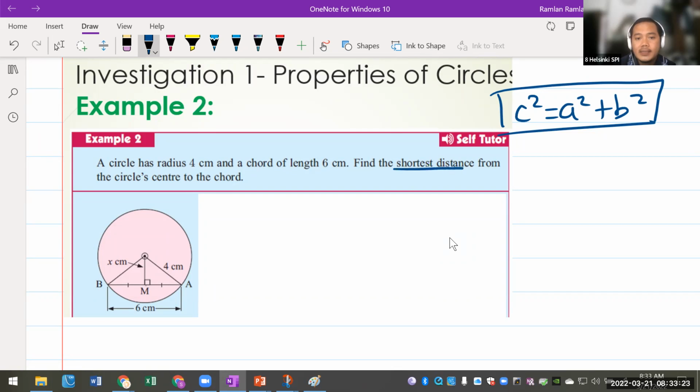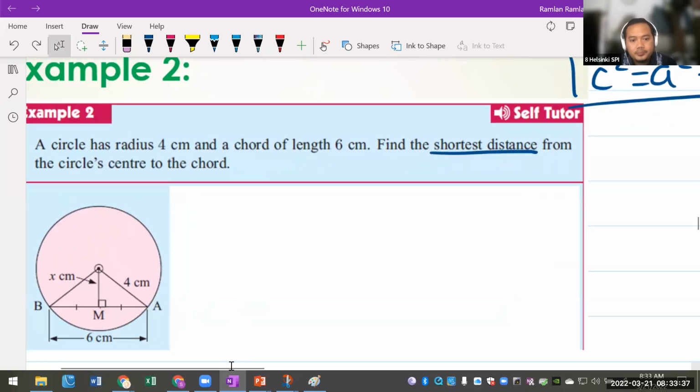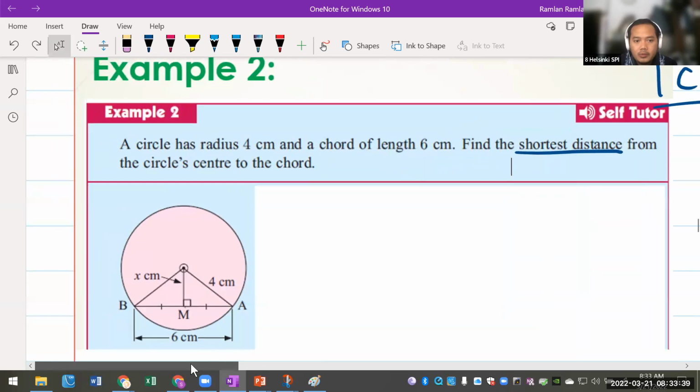If I say shortest distance, it's always dragging a point to the line, which is going to make a 90-degree angle. So the figure is over here, guys. I'm going to zoom that a little bit. Okay, so here we go. We have a circle and we have a radius of 4, right?